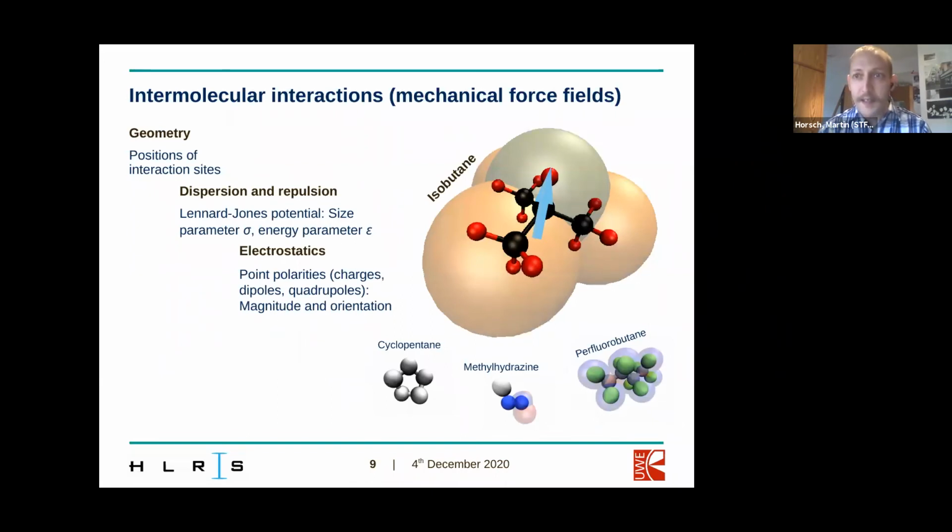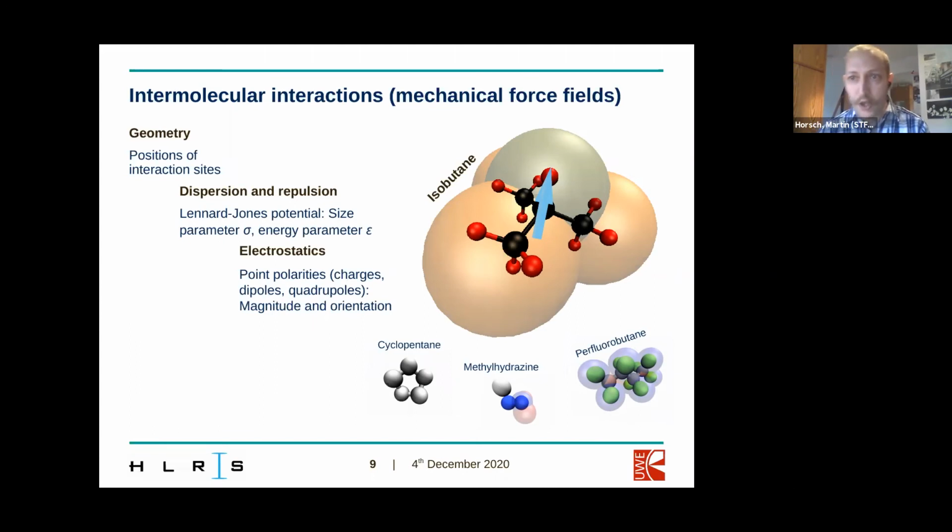Typical molecular force fields are based on a rough reproduction of the geometry of the molecule, and then a representation of the major intermolecular interactions that there are.